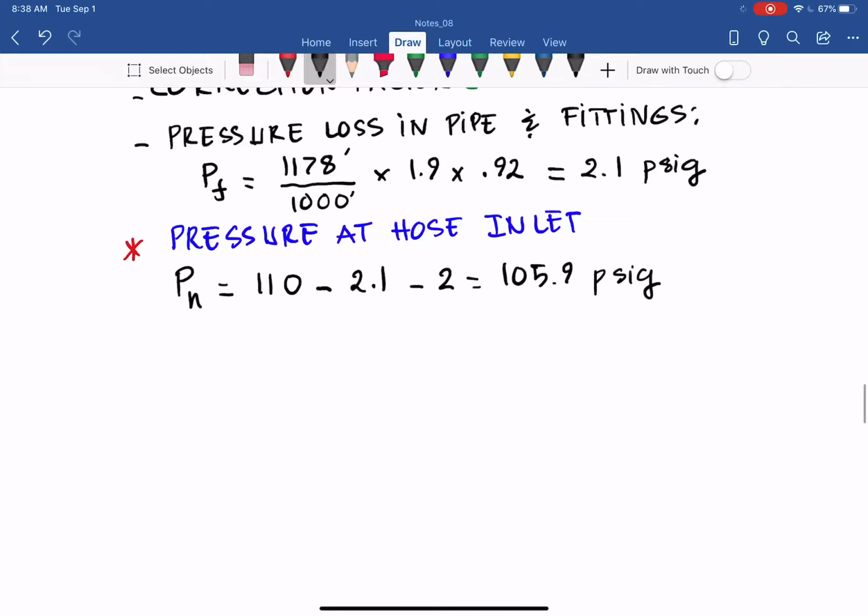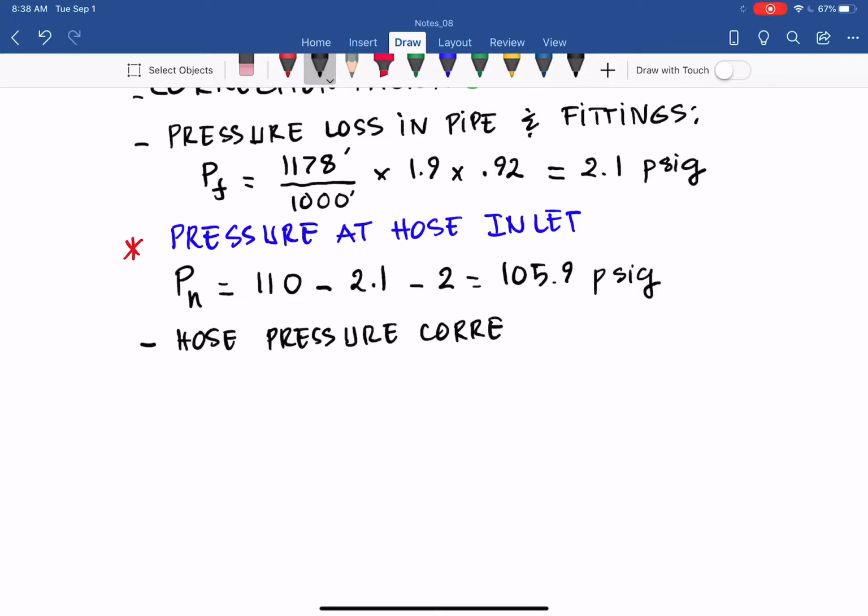So let's write down, when you have the pressure loss, then we can have the hose pressure correction factor, for those pressure different from 100 psi. And the same applied, similar to the pipe, we still use the same table 9.5.